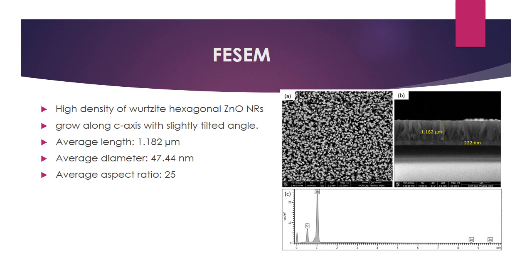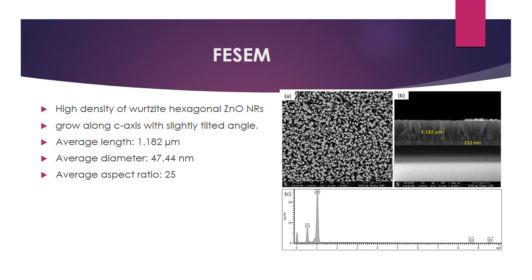Okay, so here is the FESEM image, and from the figure we can see that the zinc oxide nanorods exhibit a wurtzite hexagonal shape and have grown at a high density, covering most of the image. Based on the image, we can clearly see that the zinc oxide nanorods grow along the C-axis with a slightly tilted angle.